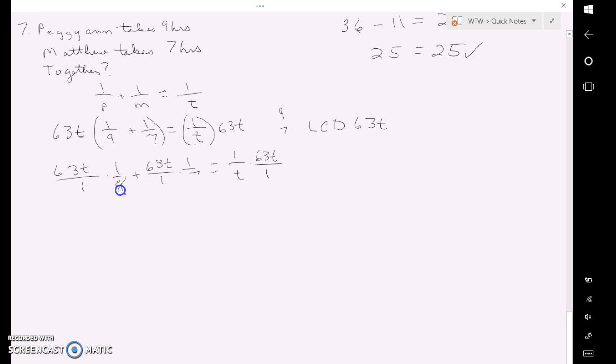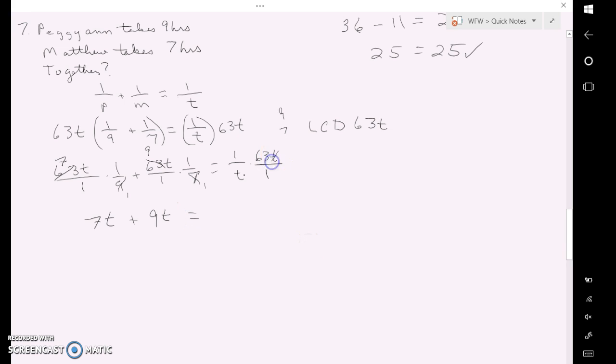Okay, 9 goes into 9 one time, 9 goes into 63 7 times. That leaves 7t for our first term. 7 goes into 7 once, 7 goes into 63 9 times. So that leaves just plain old 9t for a second term.